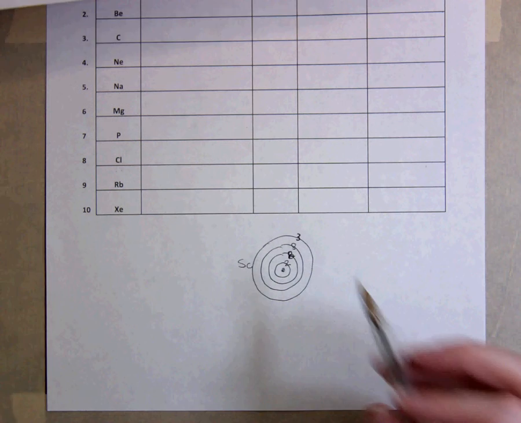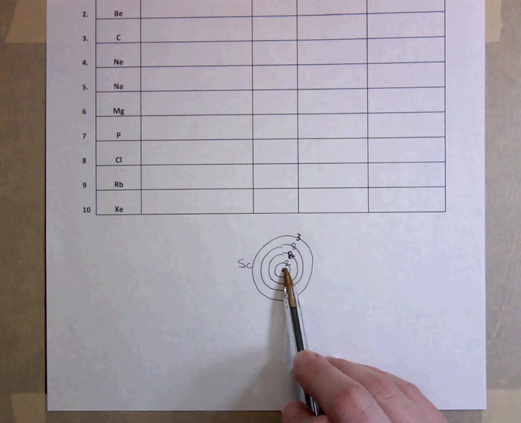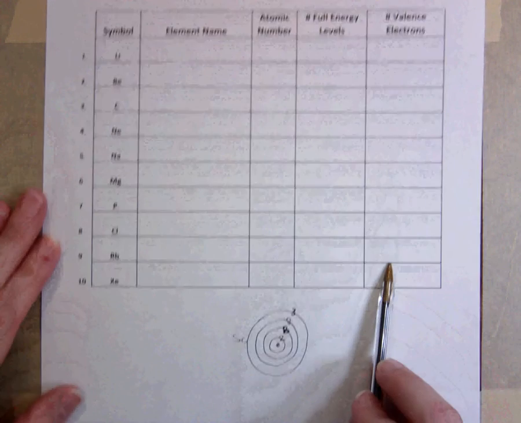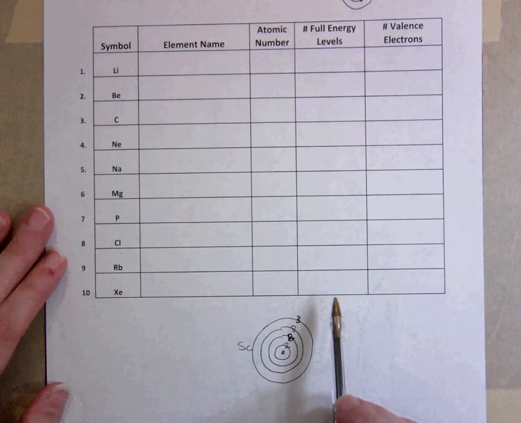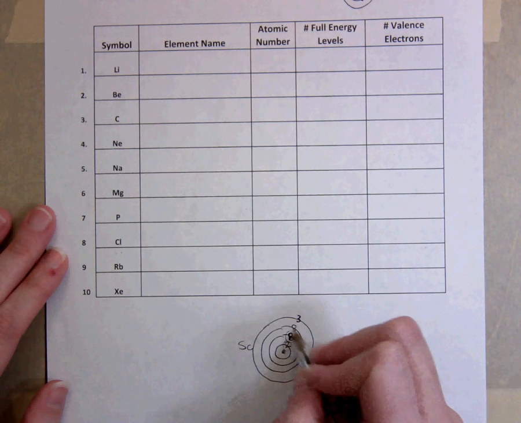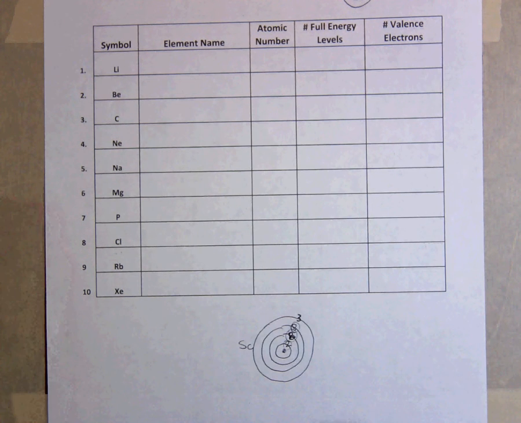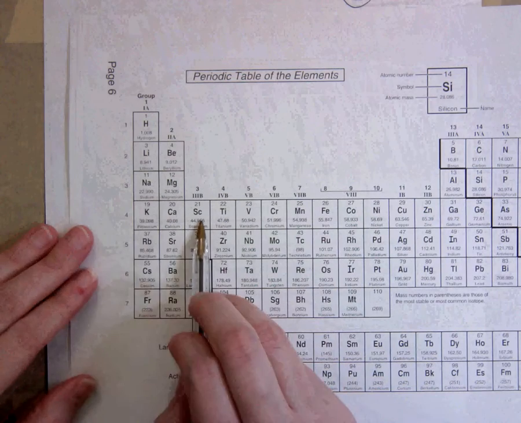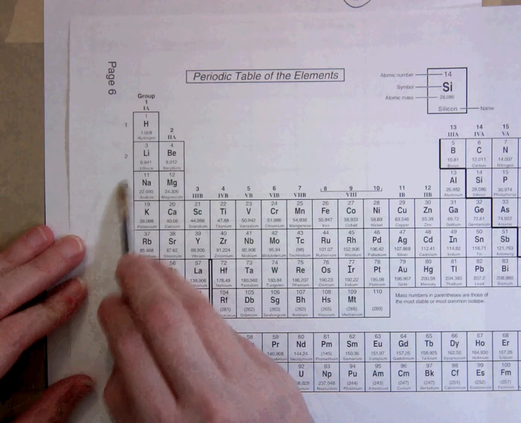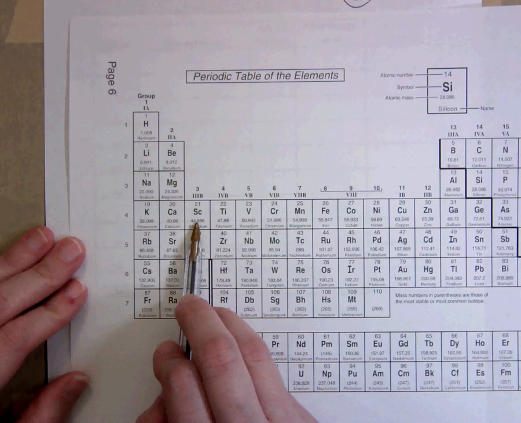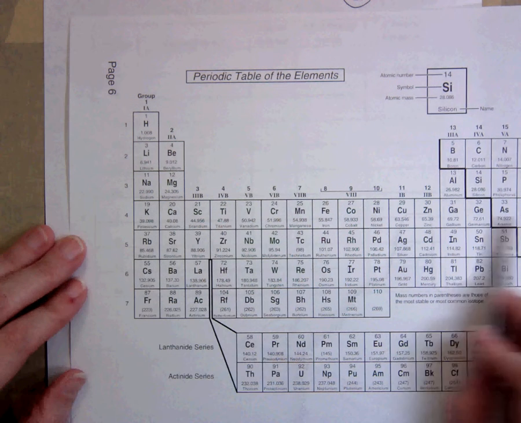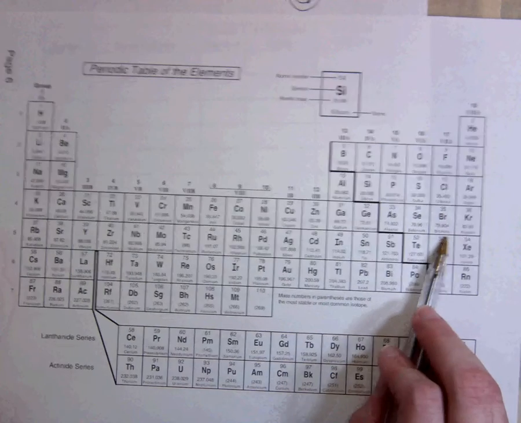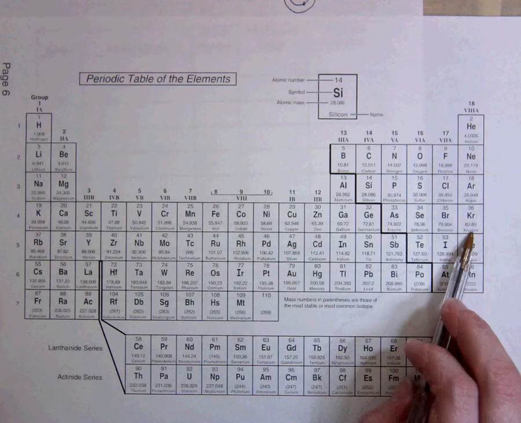So what I'm going to do, I would put up here that it had 3 valence electrons, which is that last column, but I would put that it had 1, 2, 3 full energy levels, because these have as many as they can hold, and all I'm doing again is looking up at the period before it to determine that this has 3 full energy levels until I get all the way over here to krypton, which then would have 4.